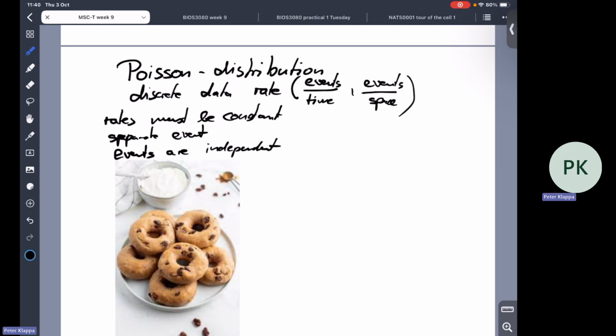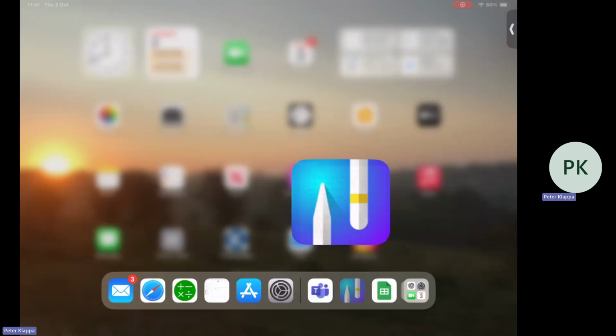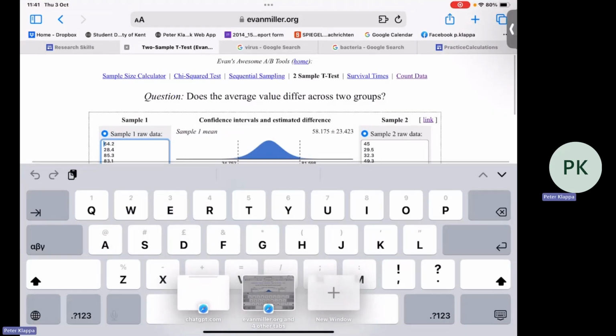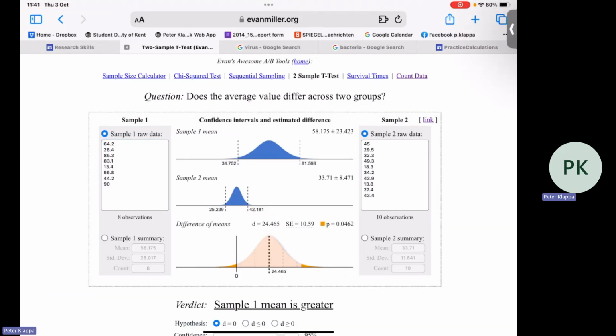How do we find the confidence interval for the Poisson distribution, for this rate? Guess what? The fantastic thing is that this online calculator will also do a confidence interval for the Poisson distribution.